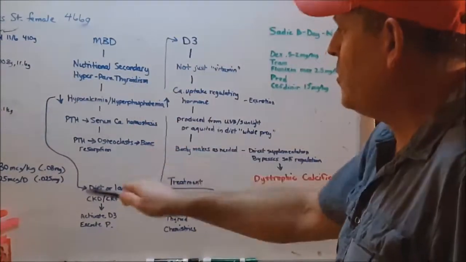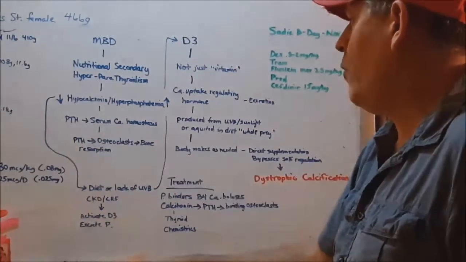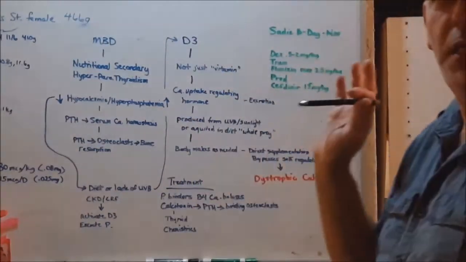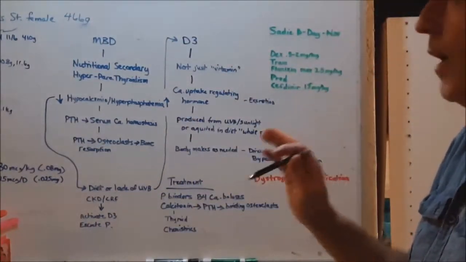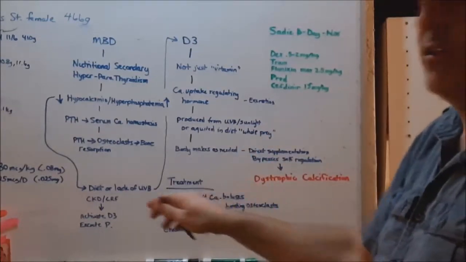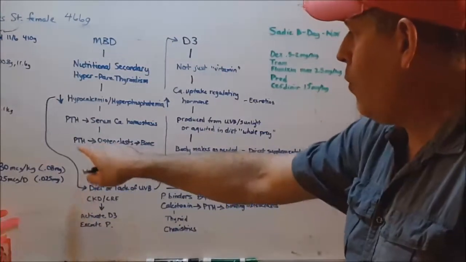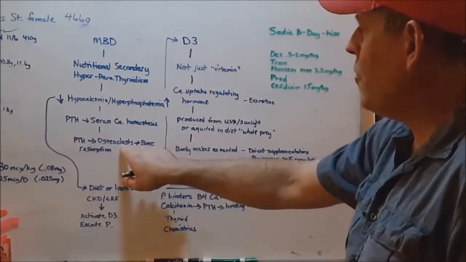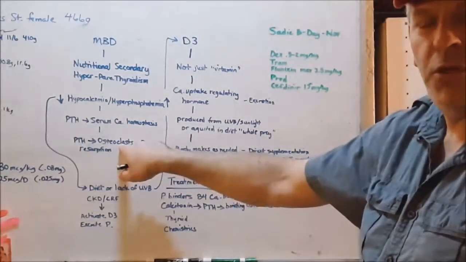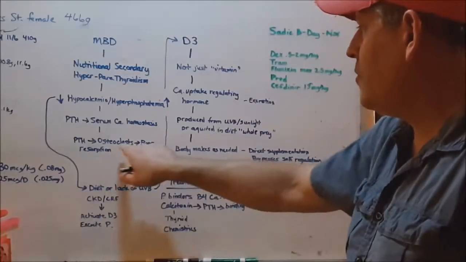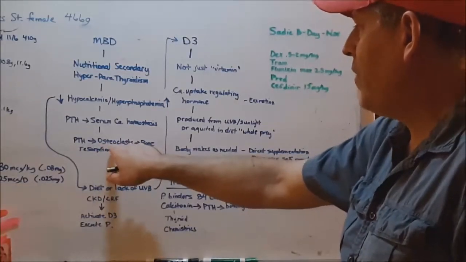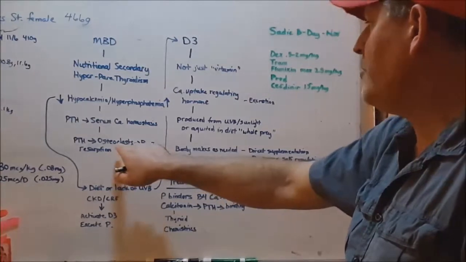The parathyroid gland senses that and releases parathyroid hormone. This is very ingenious, what the body does to counteract this if it senses that there is low blood calcium. The parathyroid hormone acts on cells in your bones. It stimulates the activation of these cells called osteoclasts.